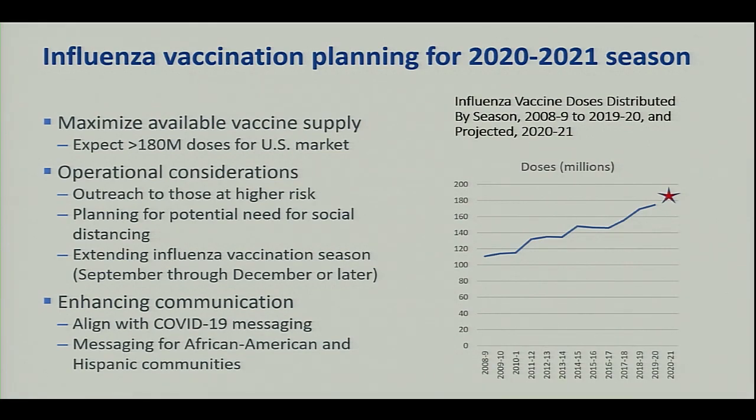Ongoing COVID-19 prevention activities provide opportunities to share influenza prevention messages, and we'll need to focus on African American and Hispanic communities given the disparities in influenza vaccine coverage and COVID-19 morbidity that's been seen. Next.